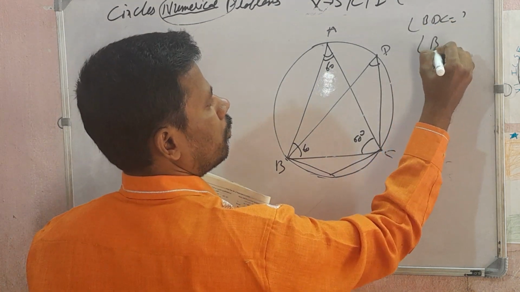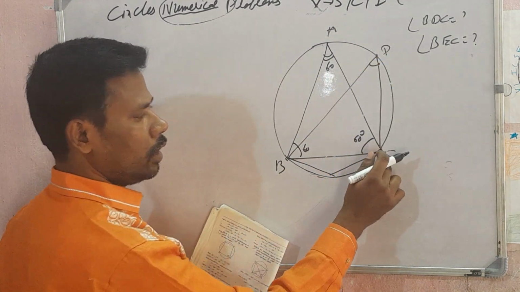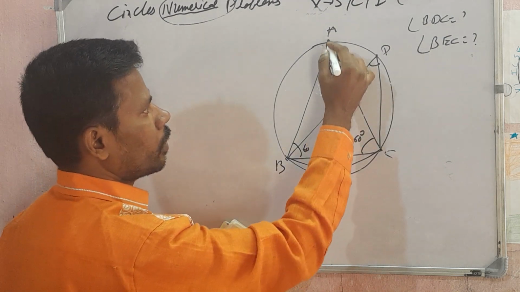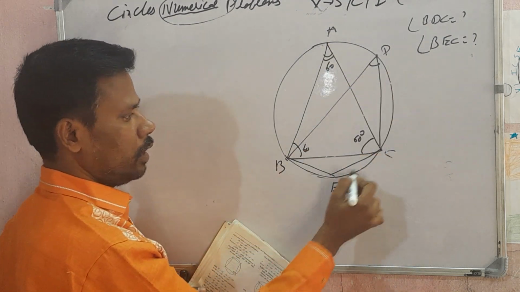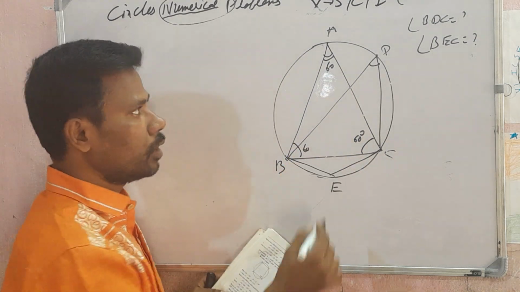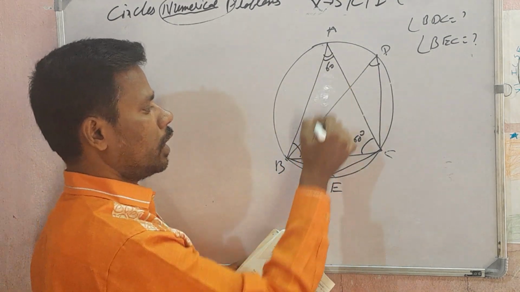So in an equilateral triangle, each angle is 60, no? And triangle ABC is equilateral, so each angle is 60.